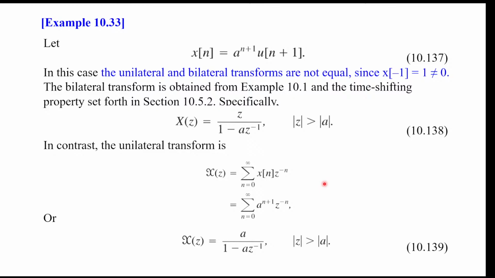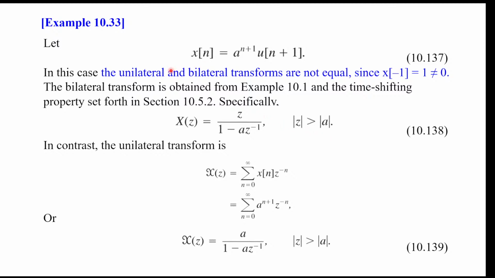And the next example, we see what happens when our signal doesn't start from n equals 0. So we have the same signal, but time shifted a little bit so that it starts from n equal to minus 1. So we have a to the n plus 1, u of n plus 1. Okay, and so we apply the Z transform on this thing.